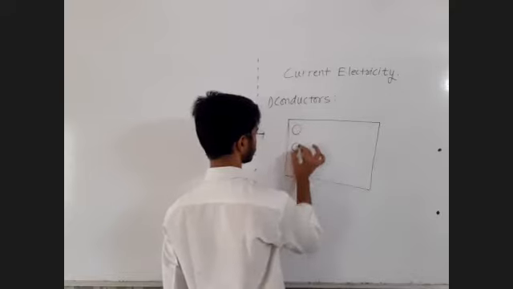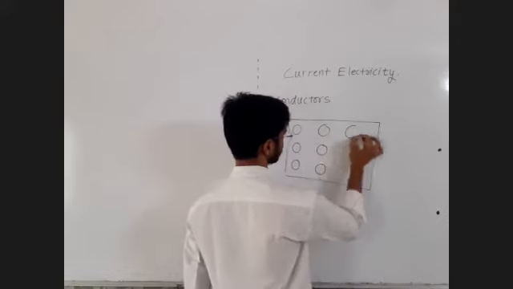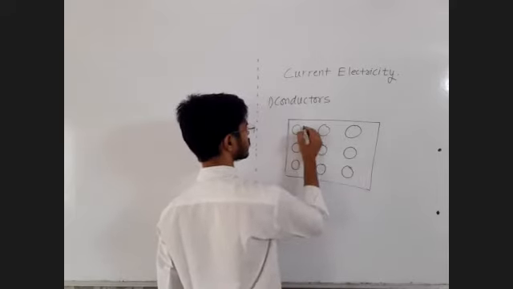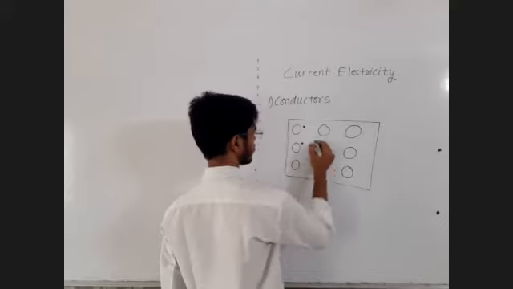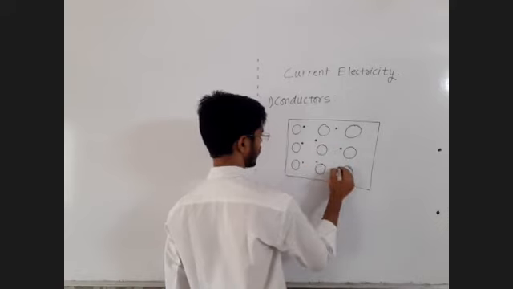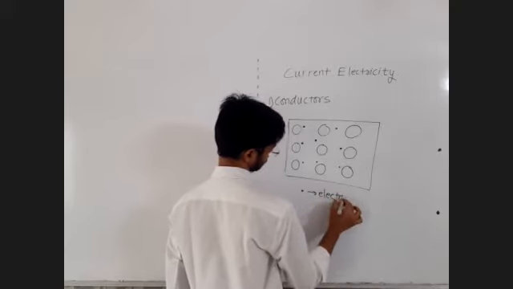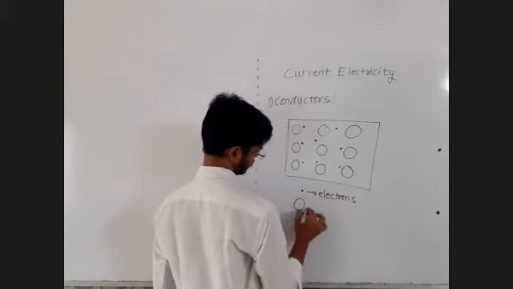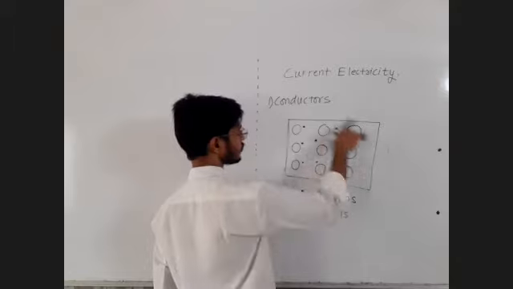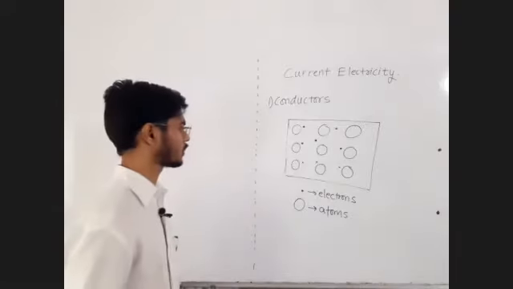These are the atoms or the molecules, and the outermost electrons are loosely bound to the atoms. The dots indicate electrons and this symbol indicates atoms. These electrons are free to move throughout the body of the conductor or material.